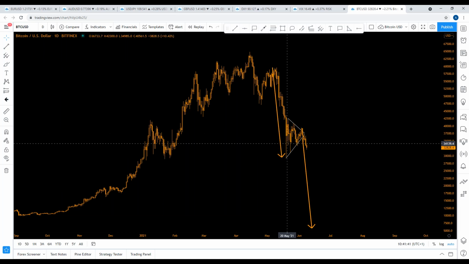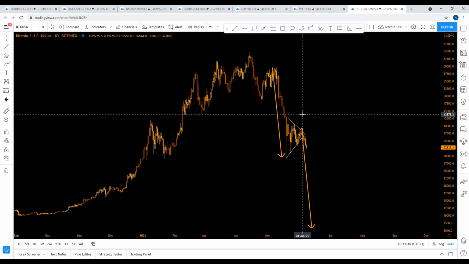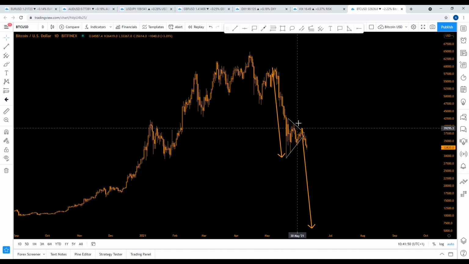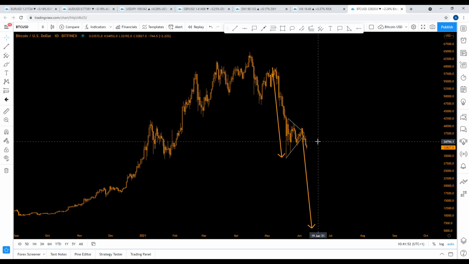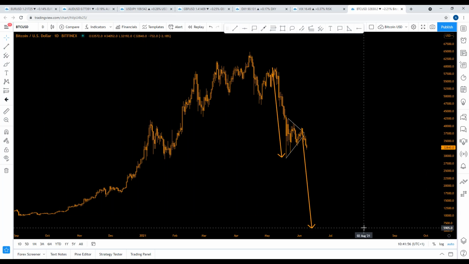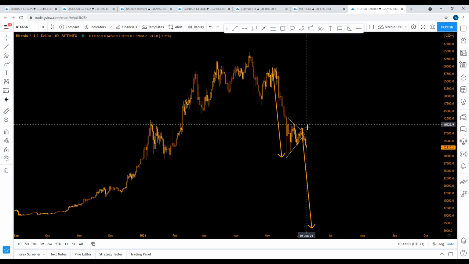Don't confuse these with the AB equals CD patterns. I saw a comment with someone confusing these with the AB equals CD formations when it's not. This is a triangle formation, a continuation formation as well. Now, with the breakout lower, technically we could be heading as far south as the $6,000 mark. Now, don't quote me on that. This is just what the pattern's telling me.